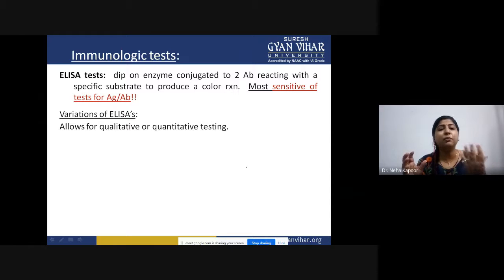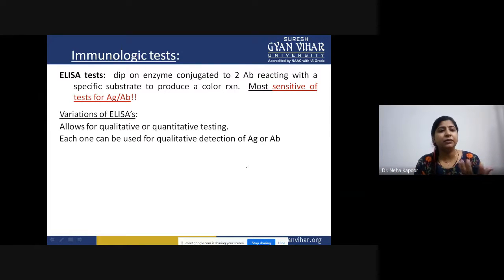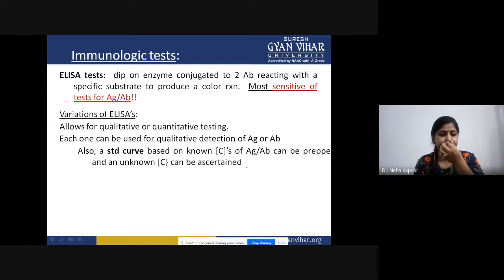Qualitative means we can visually observe it. Quantitative means we go for the detection of concentration. So it is a very sensitive technique. We can use this technique for the qualitative or quantitative detection of either antigen or antibody. That means both things can be detected.